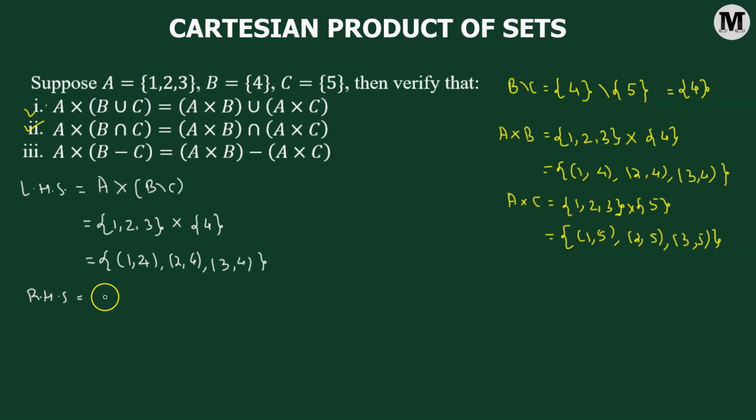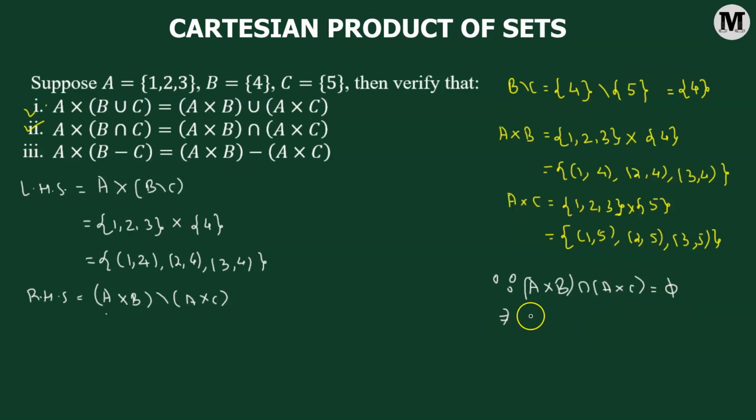On the right hand side, we have the Cartesian product of the sets A and B minus the Cartesian product of A and C. Fine. Now, the Cartesian product of A and B minus A and C simply means that we only have to consider the ordered pairs belonging to the Cartesian product of A and B that are not present in A and C. We have already proved in the previous problem that the Cartesian product of A and B intersection with the Cartesian product of A and C is the null set.